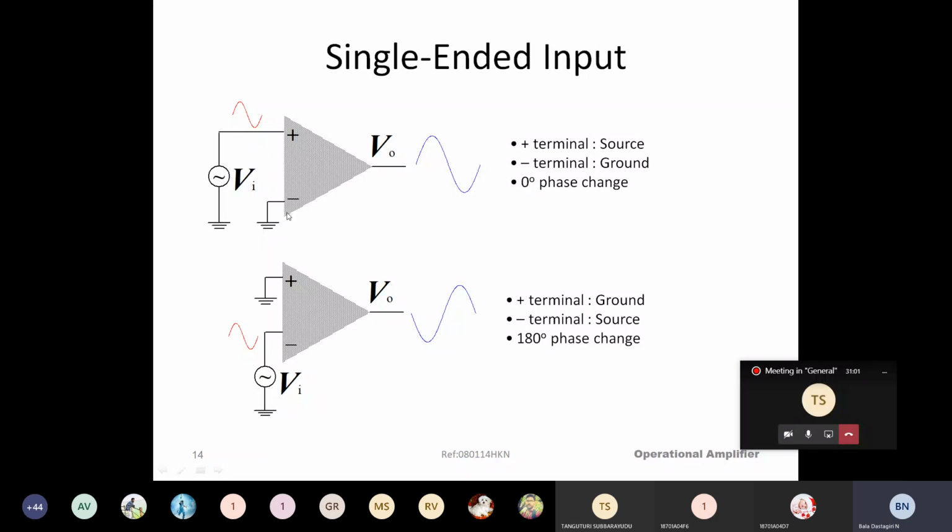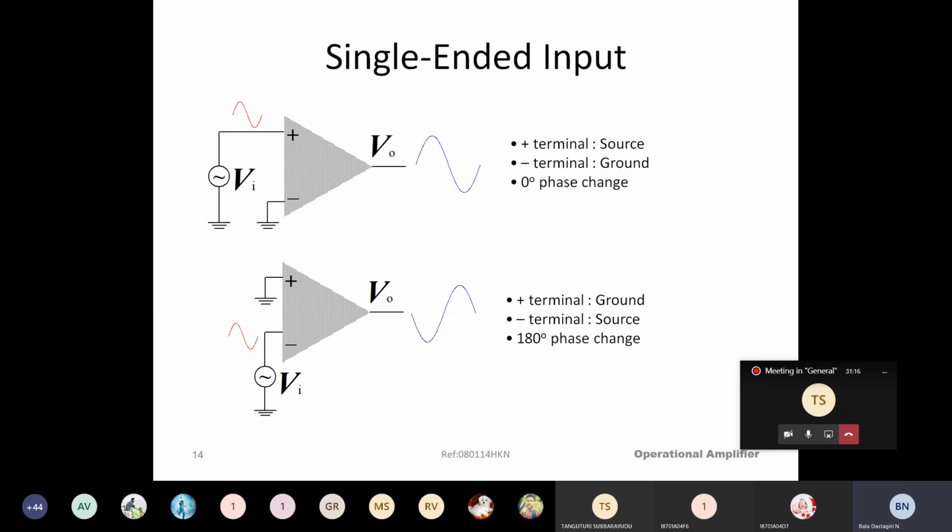Since the inverting terminal is grounded here, whatever input you give will be amplified at the output, but there will be zero phase change. The phase will be the same.